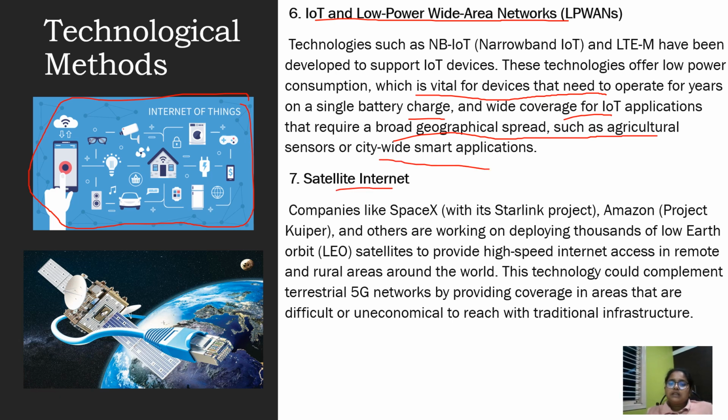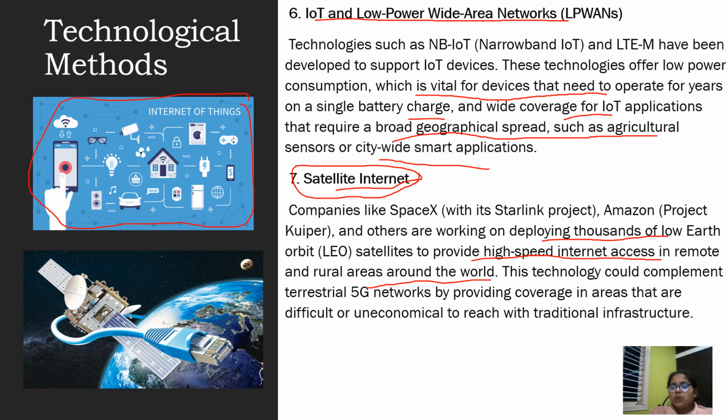The last technology we are discussing is satellite internet, which is also a key component of wireless communication. Companies like SpaceX with the Starlink project, Amazon Project Kuiper, and others are working on deploying thousands of low Earth orbit satellites to provide high-speed internet access in remote and rural areas, which is the main problem in the current scenario.